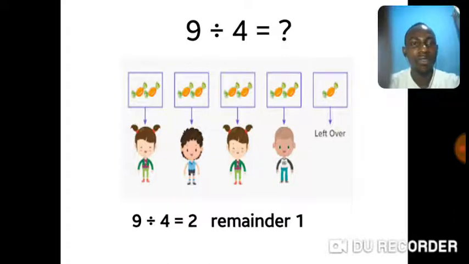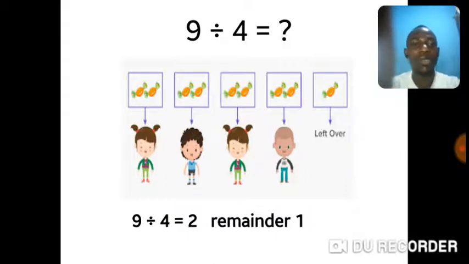And so the first known, which is the dividend, is divided or shared by 4 pupils, and the result or the answer is 2 remainder 1, because when you share the 9 among the 4 pupils, each pupil receives 2. 2 received by each pupil, which are 4 in all, is going to be 8, and 1 is left over, and the leftover is the remainder.